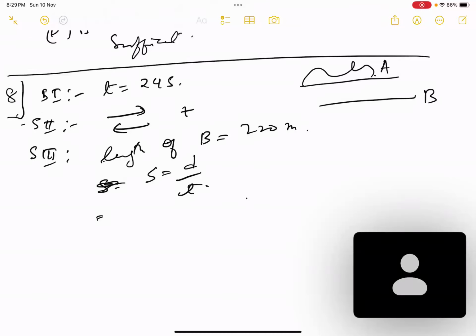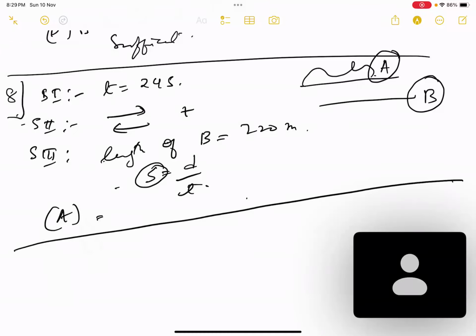Now, if you see this question, the speed of the train A as well as the train B is missing, right? Without knowing the speed, we can never find out the length of the train, which is the distance. That is why, even with statements 1, 2, and 3, the answer cannot be obtained.